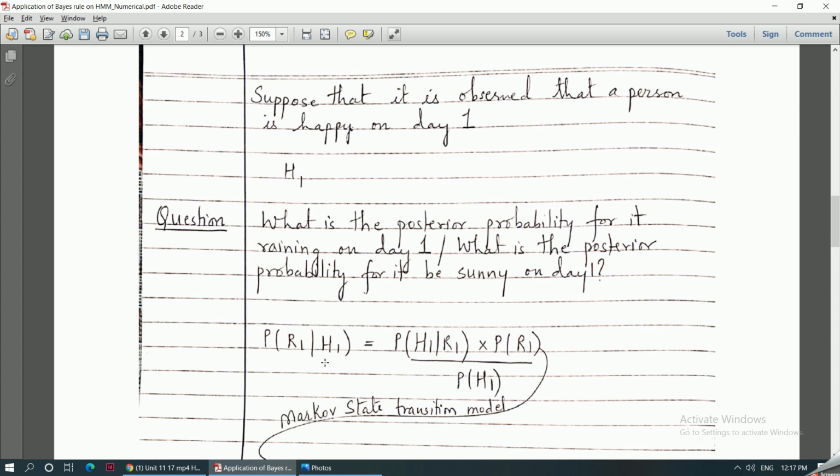Now here we are applying the Bayes rule, which is nothing but probability to be happy on day 1, given that it is raining on day 1, multiplied with probability of raining on day 1, divided by probability of a person to be happy on day 1. Now each of these values have to be found out separately.